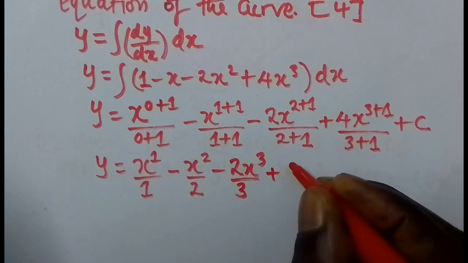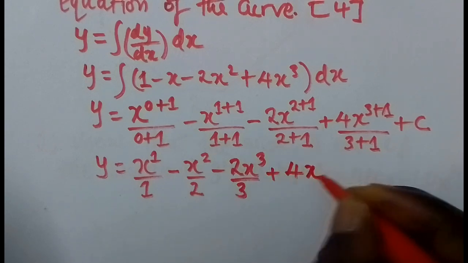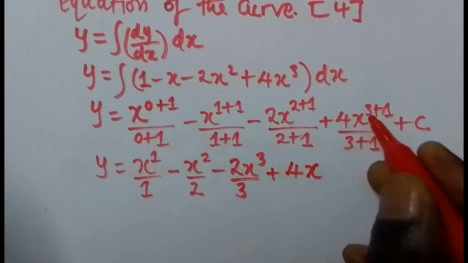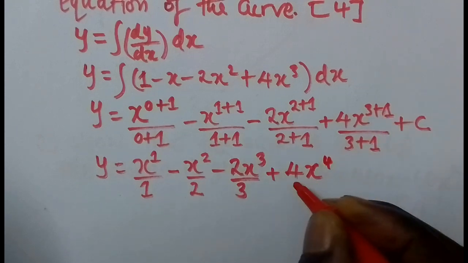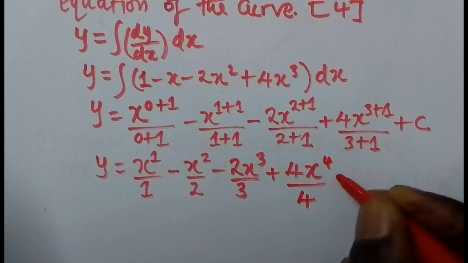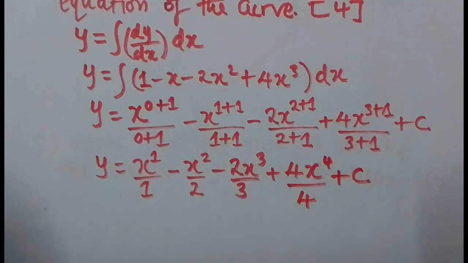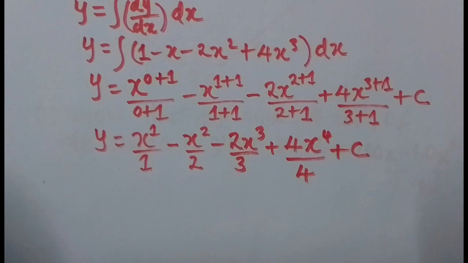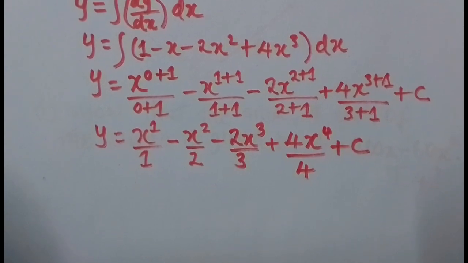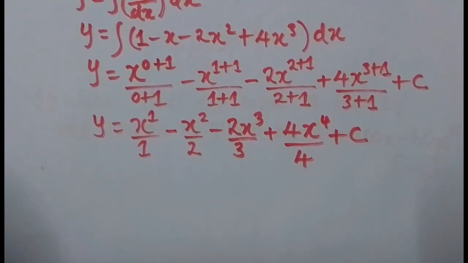Then plus 4x to the power 3 plus 1, we get a 4, and also here a 4, then plus c. So now what we're going to do is simplify what can be simplified.